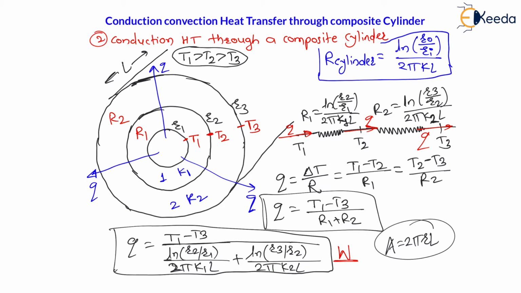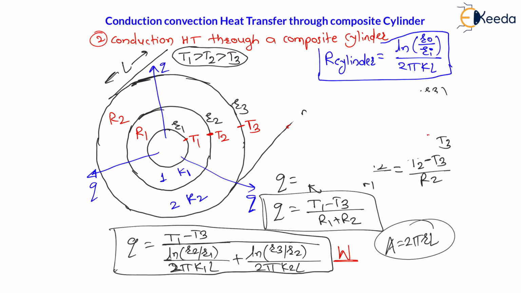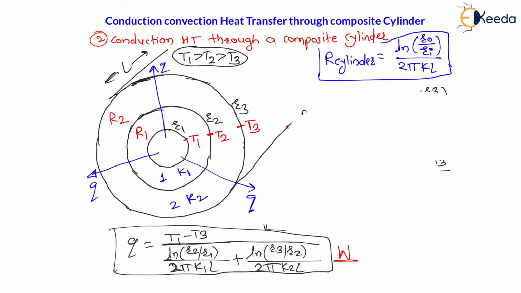Now, if I find heat transfer per unit length, let us divide both sides by length. Then I will get the heat transfer per unit length, which is nothing but Q by L, in watt per meter.